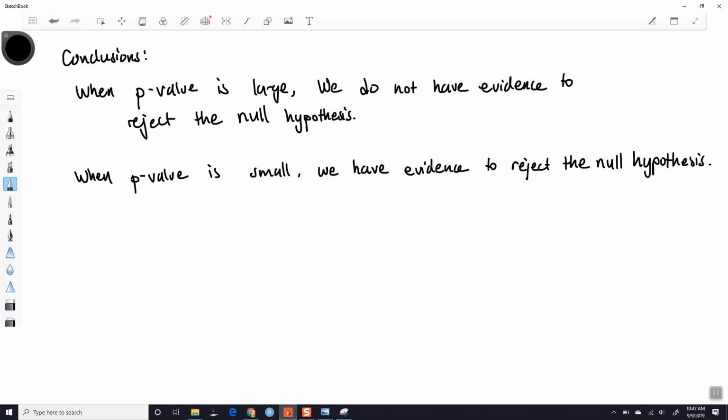And so this is where significance level comes in. We talked about the significance level alpha. Alpha is kind of this arbitrary line that we draw, and this is going to be the threshold between what p-values are large and what p-values are small.